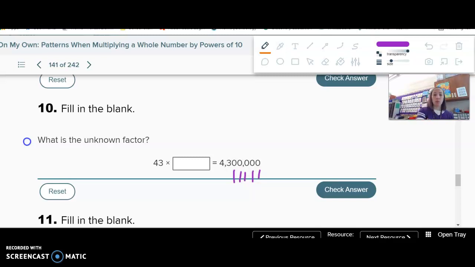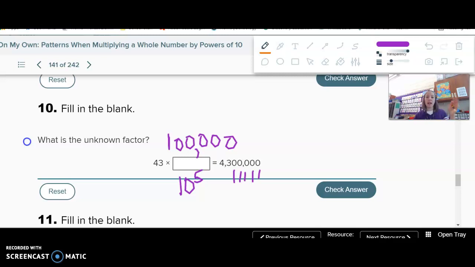So I know what I multiplied had a 1 with 5 zeros. So it's either 43 times 100,000, or I could write that as 10 to the 5th power. So either way, either 43 times 100,000 or 43 times 10 to the 5th power will get me 4,300,000.